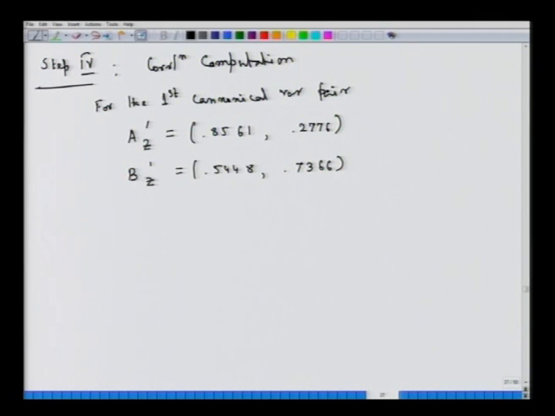So, these are the two combining vectors playing the role of A z and B z matrix as in the theoretical part.